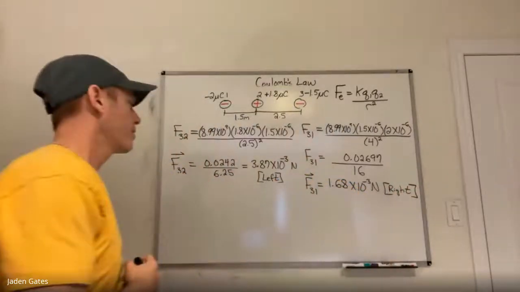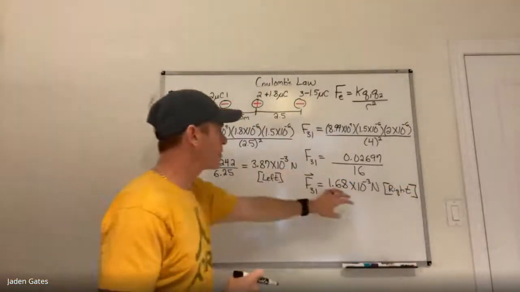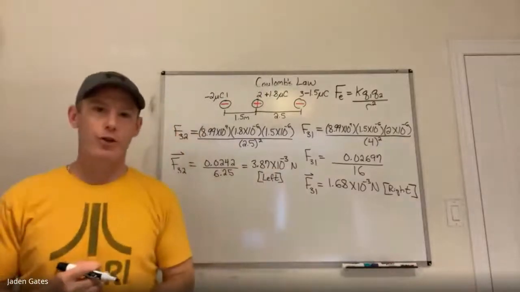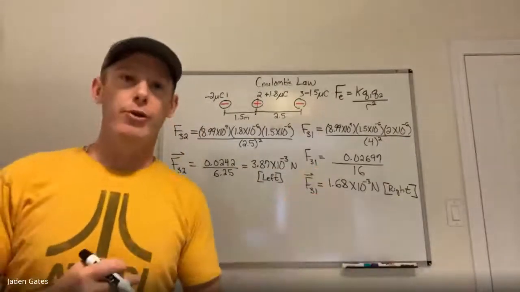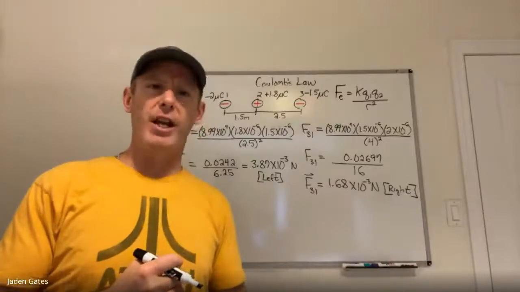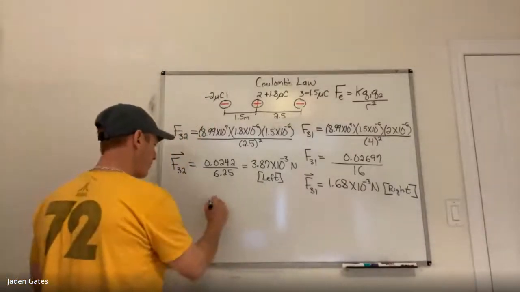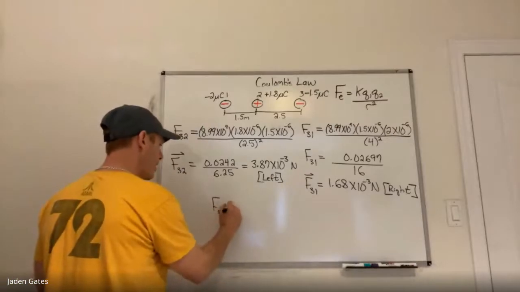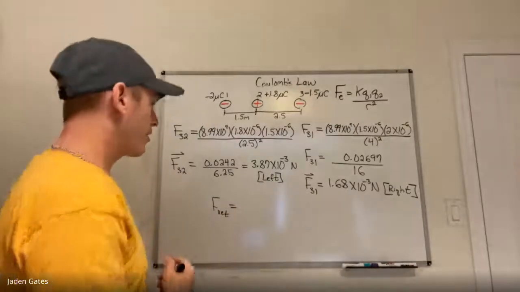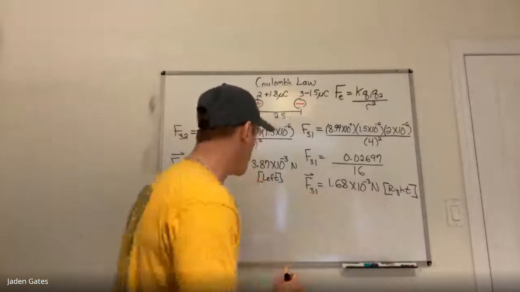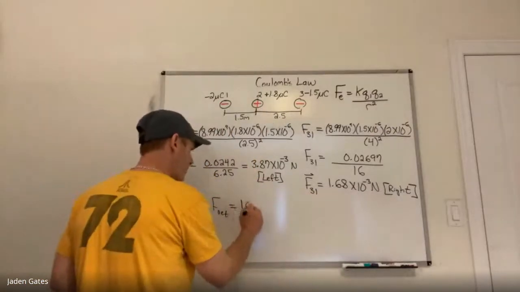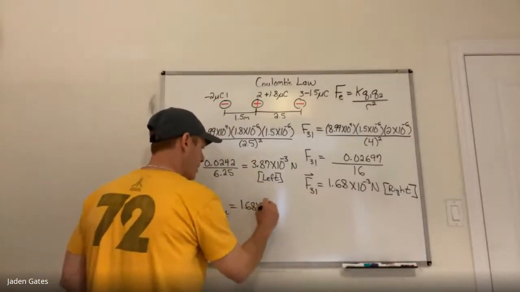All right. So now we have the two forces acting on charge 3. And just like we did with Newton's laws in our second unit or third unit, we can find the net force by adding them up. And so F net, right I always say is positive, so I'm going to have a 1.68 times 10 to the negative 3.